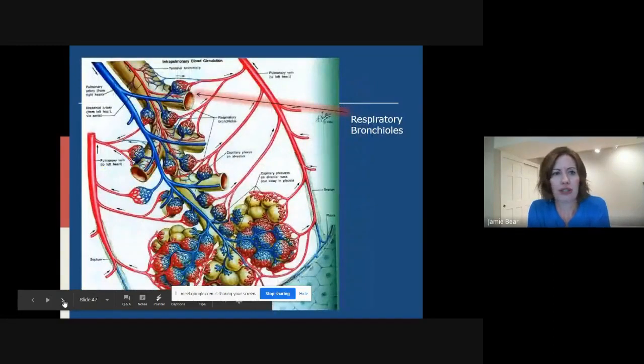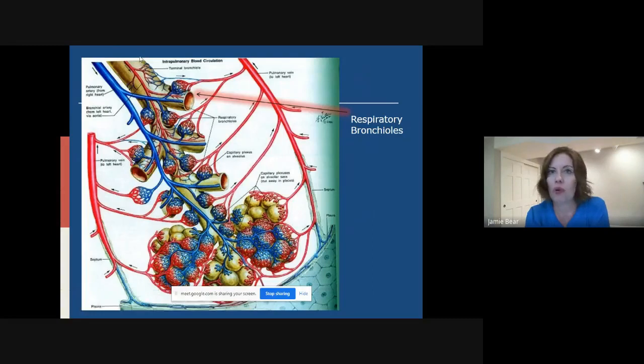Here's a great picture starting with the respiratory bronchioles, and here is where pulmonary blood flow is taking place. Okay, so prior to this, it's the systemic circulation that provides blood to our tracheal bronchial tree, because it's not an area where gas exchange is taking place.